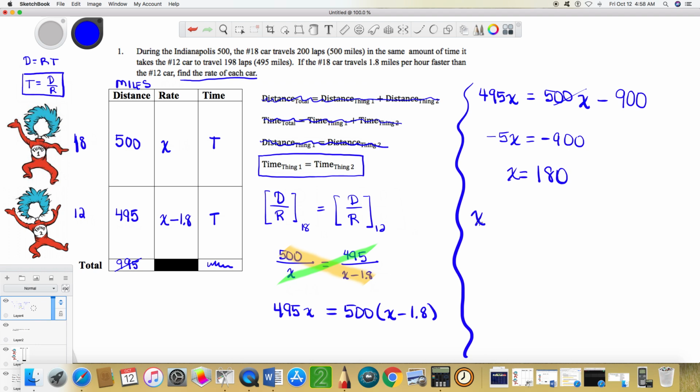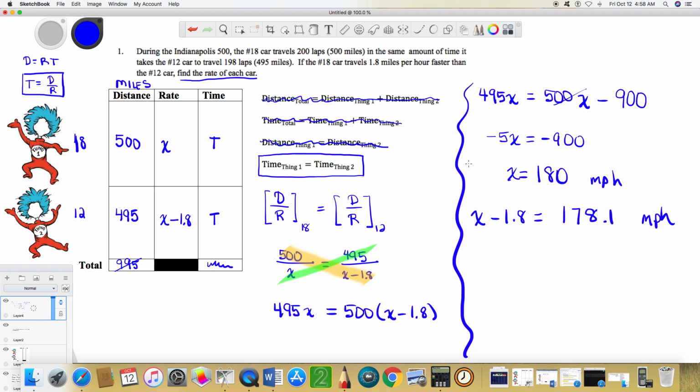And minus 1.8, 178.2. This has units of miles per hour, and this has units of miles per hour.